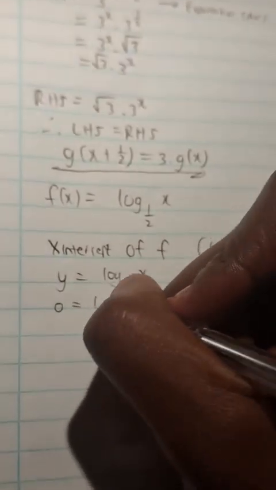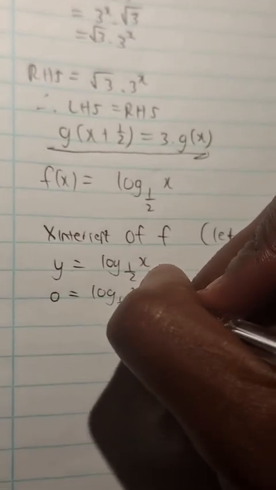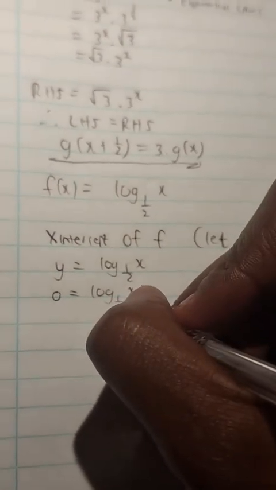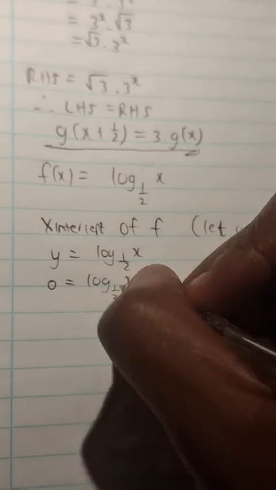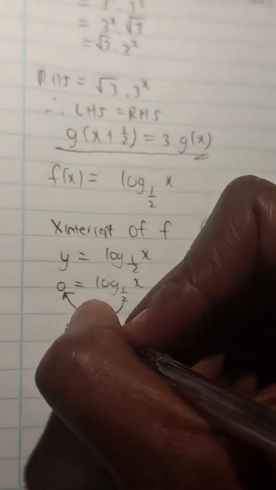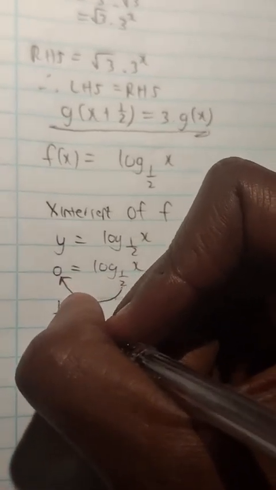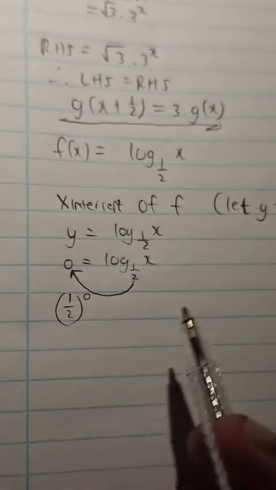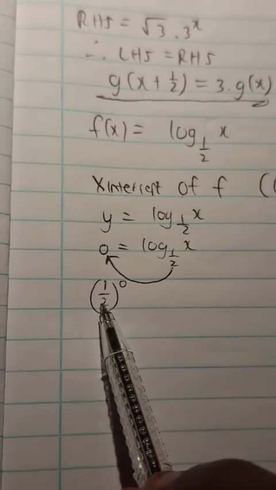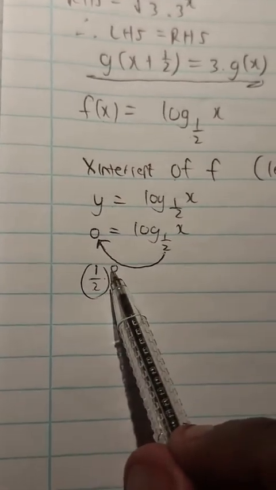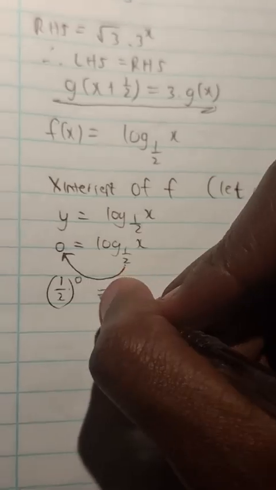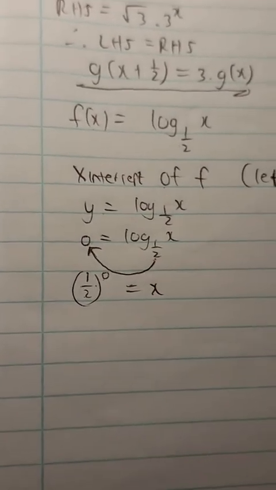So 0 is equal to log, then this half. If we want to solve for x, the half goes and kicks the 0 and catches it. Very important. The half, which is the base, goes and kicks the 0. It acts as the base on the other side and carries the 0, becomes its exponent, and then the x is left isolated. That's how I think about it.